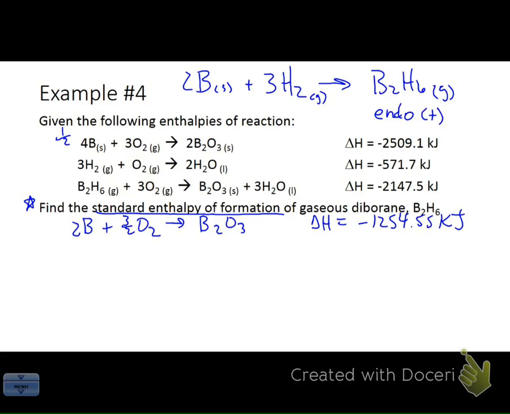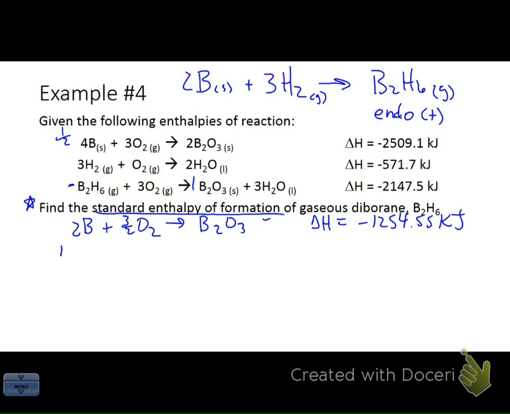Now I'm looking at this B2O3 that we just wrote down, and I know that needs to go away. So I'm looking at my steps 2 and 3 to figure out which one to manipulate next. I know I need to get rid of that B2O3, so I'm going to go to the third step, and I can see that I'm going to have to flip it around. It only has one B2O3, that's what I have written down already, so I'm just going to flip it around and not do anything else.